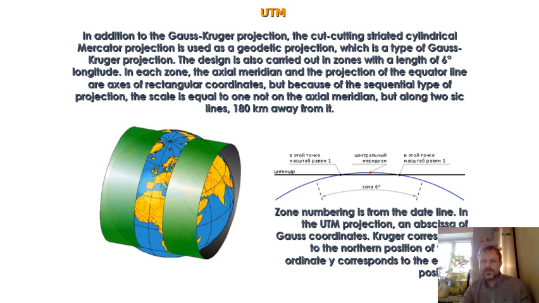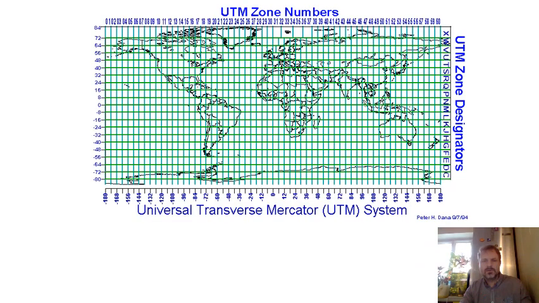Zone numbering is from the dateline in the UTM projection. The abscissa of the UTM coordinate is similar to the Gauss-Krüger coordinate. Here you can see UTM coordinate zone numbering.